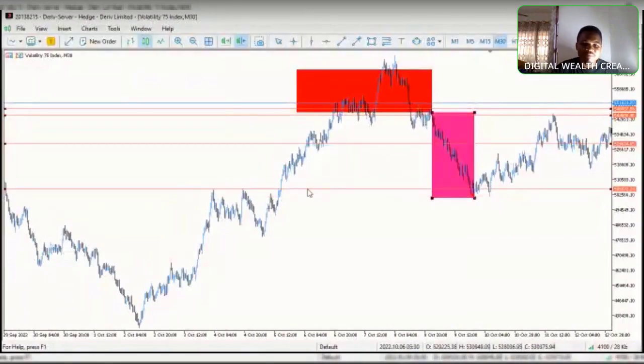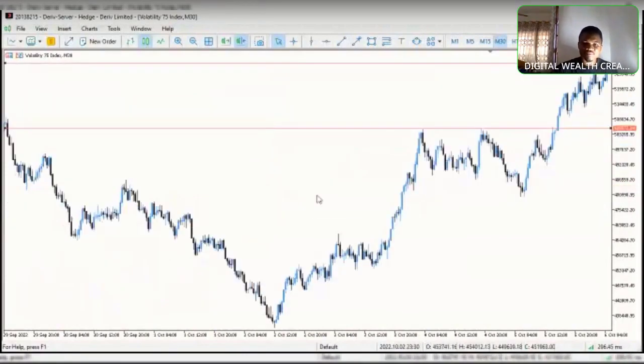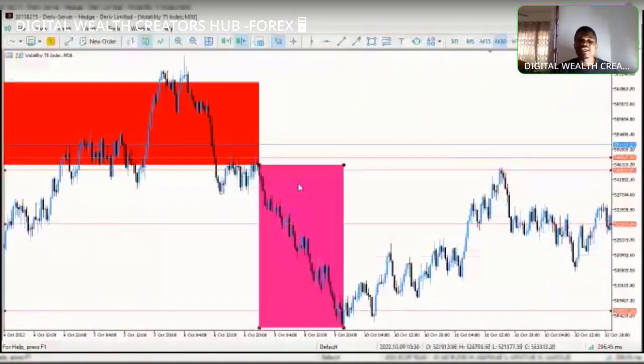Now there's one thing you need to take note of when it comes to setting your TP and stop loss, especially the TP.